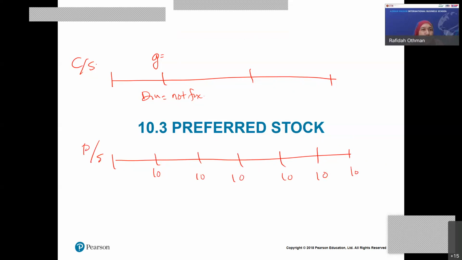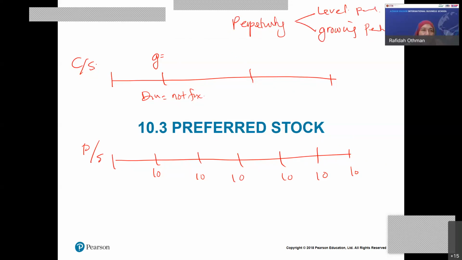Remember when we learned to do the calculation for perpetuity? We have two: one is a level perpetuity, and the other is a growing perpetuity.